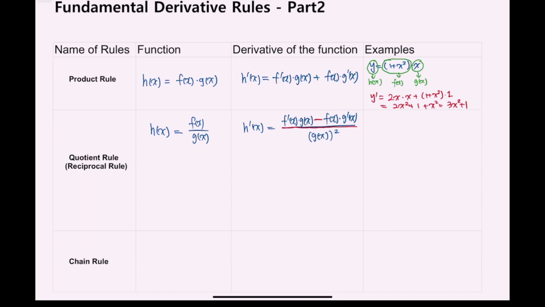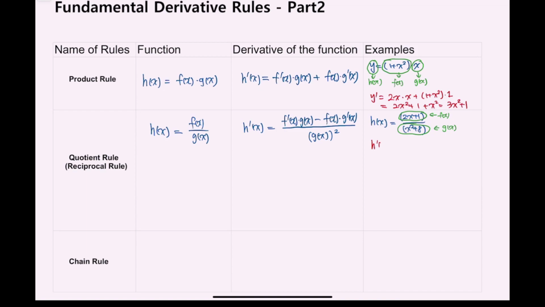Again, we have h(x) function, which is 2x plus 1 over x squared plus 8. And it asks to find the derivative of the h(x). In this function, f(x) is 2x plus 1, and g(x) is x squared plus 8.